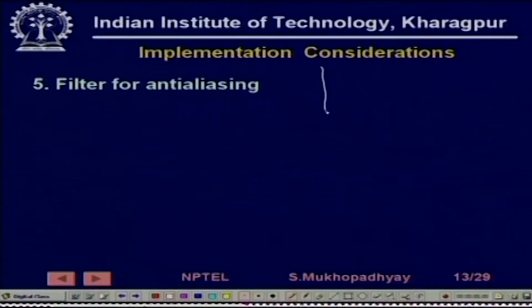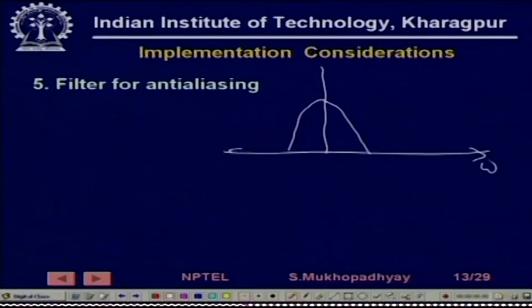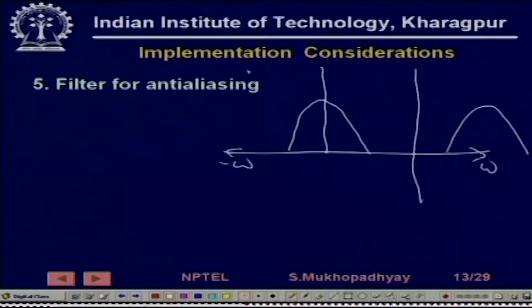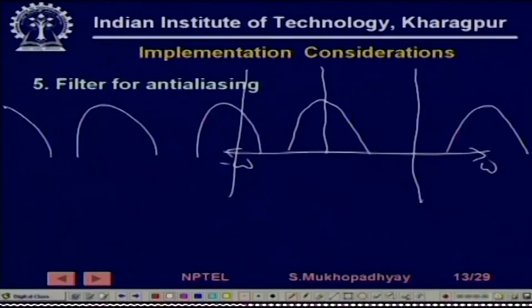These are very standard signal processing phenomena. If you take a low pass signal, its complex spectrum, from minus omega to omega, is like this, and if you sample it at this rate, then the spectrum of the sampled signal is going to be repeated indefinitely.